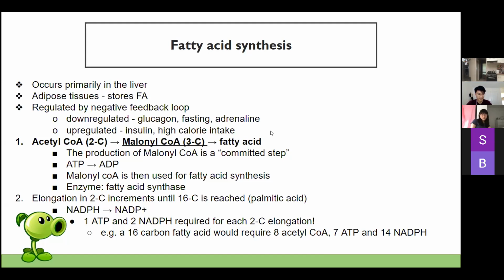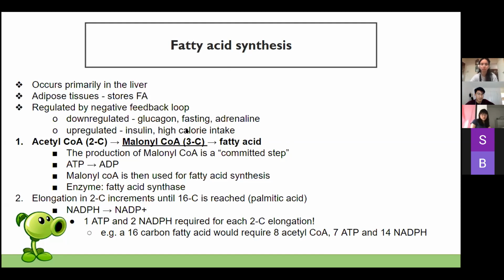Imagine you just had a big meal, so you've got a lot of glucose and a lot of acetyl-CoA. You don't need all that energy, so your body says, let's take some acetyl-CoA and convert it to fatty acid so that we can store it and save some energy for a later date.